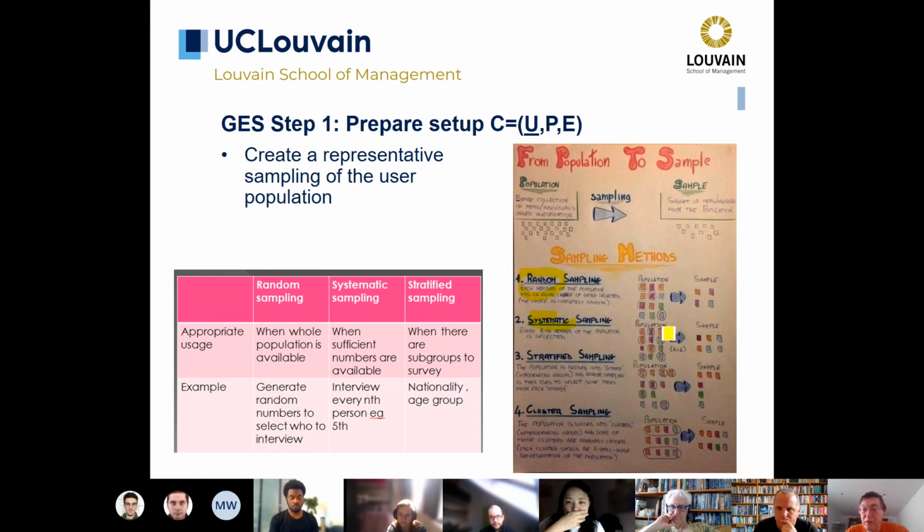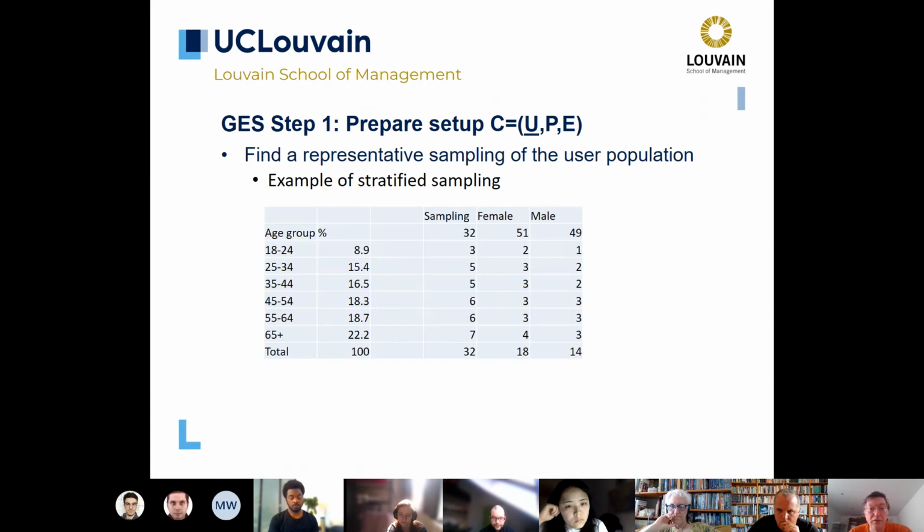It means that from some population we take this one, that one, or we can sample the population by criteria, like by age, by gender, by background, or whatever. So here we try to get a representative sampling of the population. And of course, we try, but it's not always possible, to have a sampling that is really representing the population.